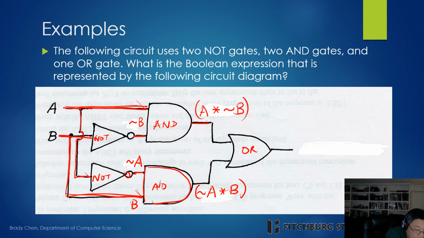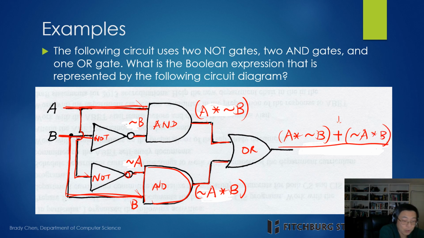These two Boolean expressions serve as the input for the OR gate. So the output should be A times tilde B plus tilde A times B. This is the Boolean expression represented by this circuit diagram.